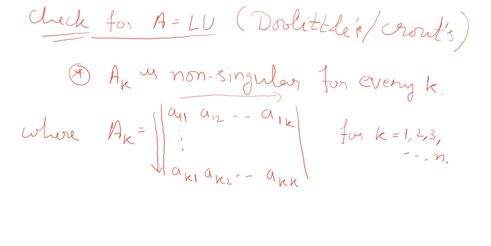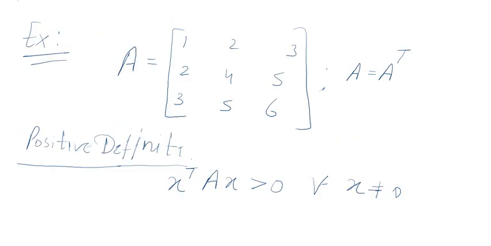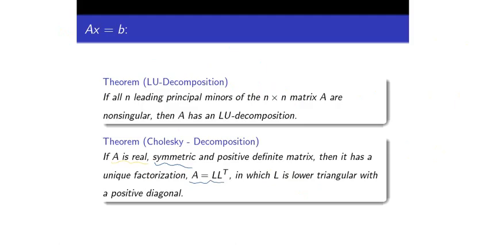Moreover, for Cholesky decomposition, if you see the result, it states that if A is real, symmetric and positive definite, then it has a unique factorization, given by A equals L into L transpose, in which L is lower triangular with a positive diagonal.